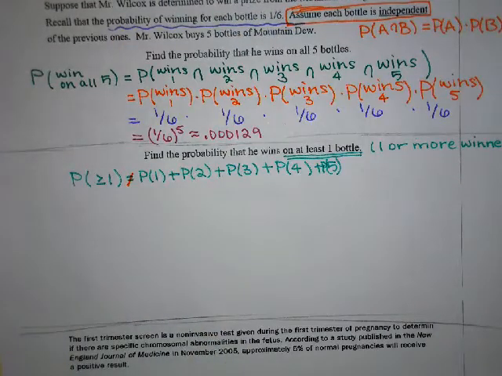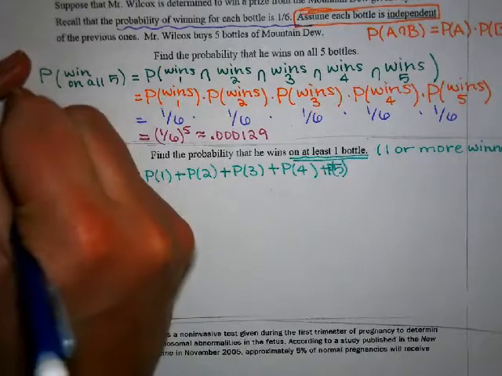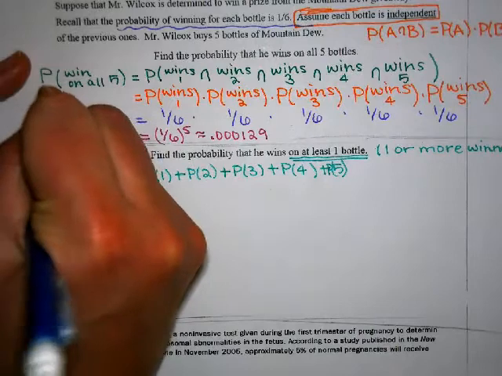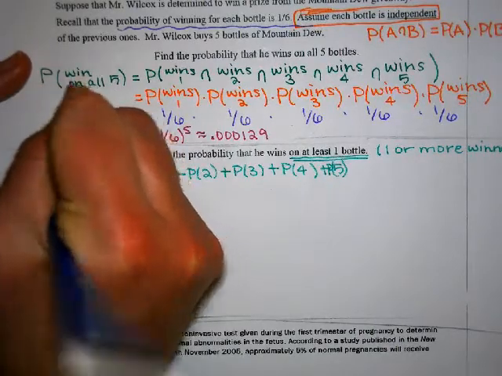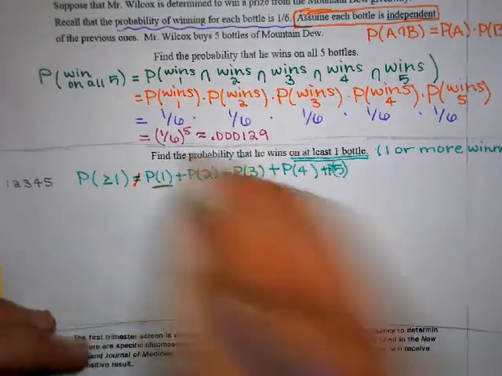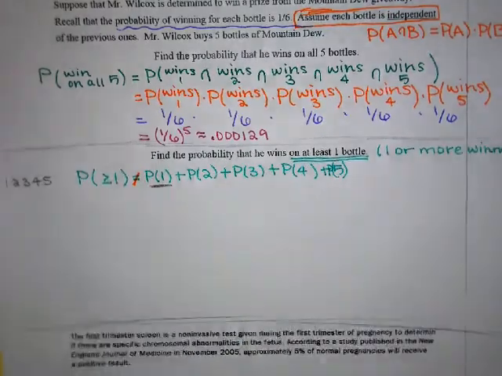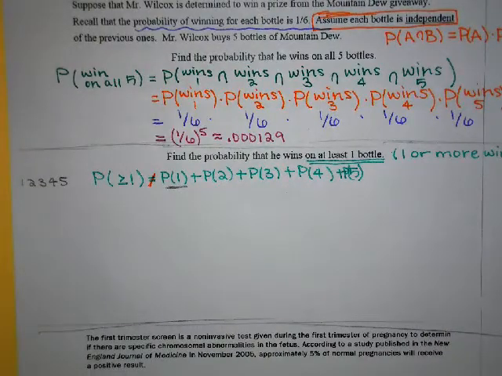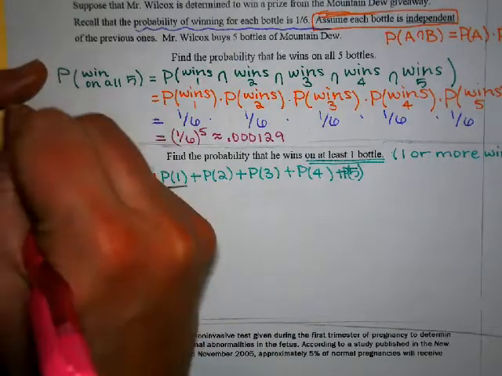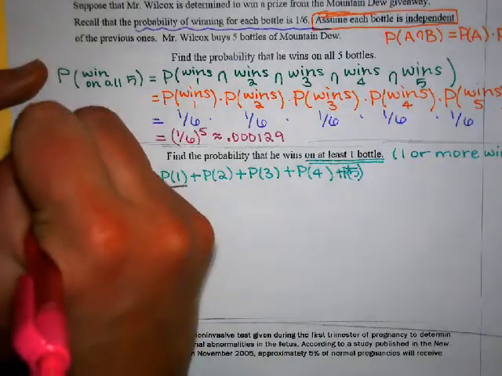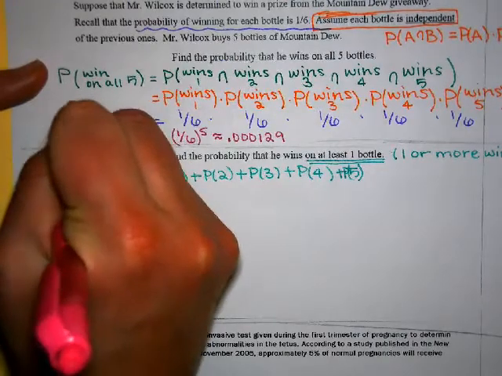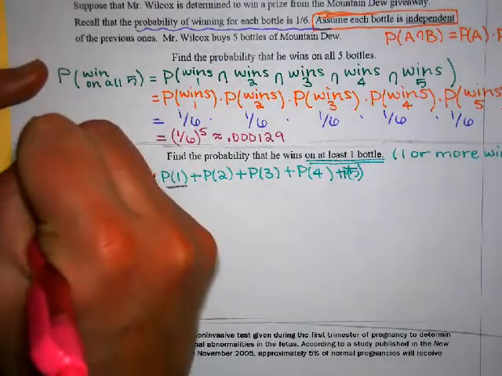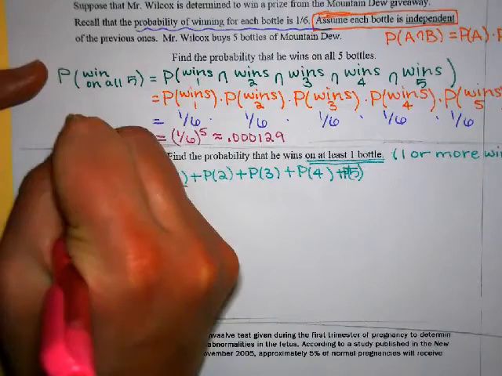And here, let's say that Mr. Wilcox numbered his bottles 1, 2, 3, 4, and 5. And we're just going to focus on 1 of those bottles being a winner, just 1. The winner could be the first bottle, and then the rest were losers. Or the first one he opened was a loser, and the second one was a winner, and the rest are losers.